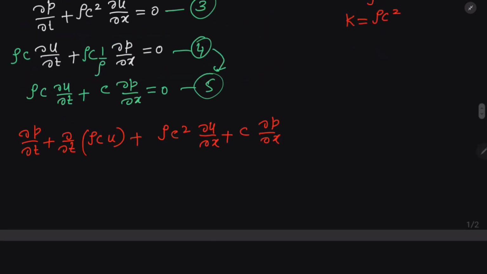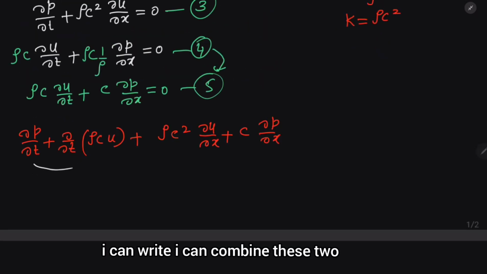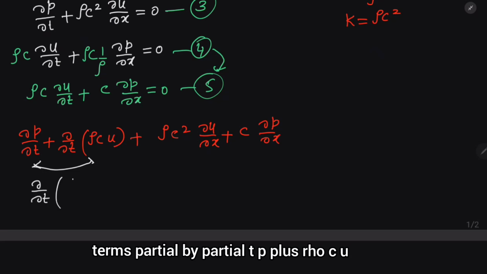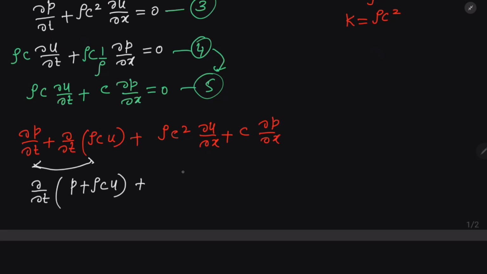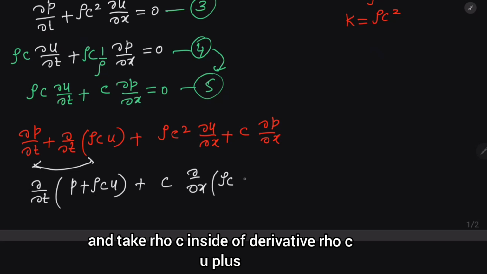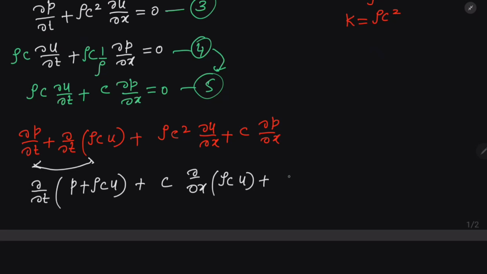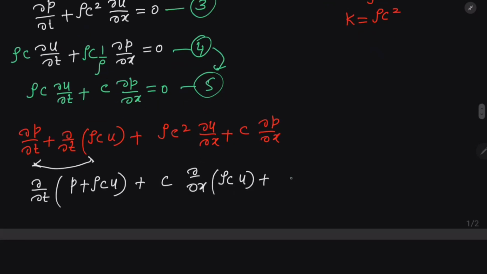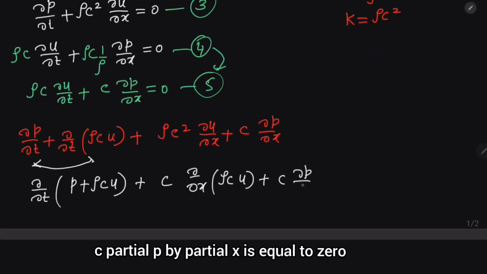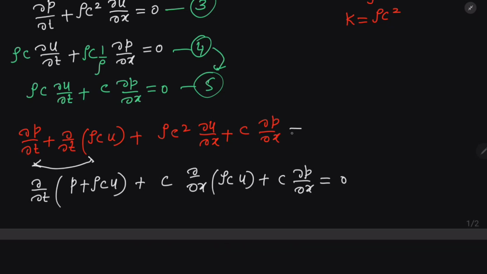Okay, I can combine these two terms: partial by partial t of p plus rho c u, plus, and here too I just write c over here, partial by partial x, and take rho c inside of the derivative, rho c u plus c partial p by partial x is equal to 0.